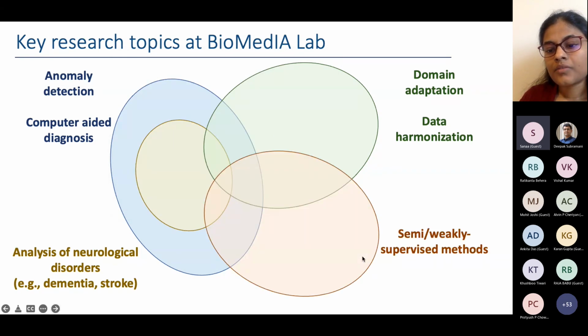And then semi-supervised and weakly supervised methods. As I said, in recent years the main challenge in medical imaging is not the collection of data. The collection of large imaging studies has been tremendously increasing, but the main problem is to get someone to sit and label the data, because that is labor intensive and expensive as well.